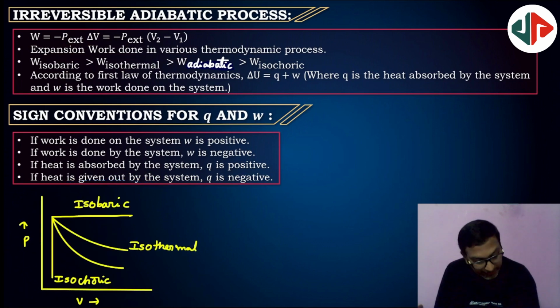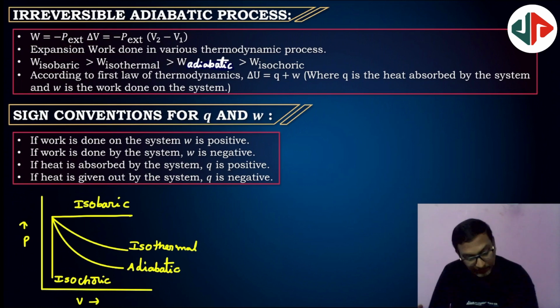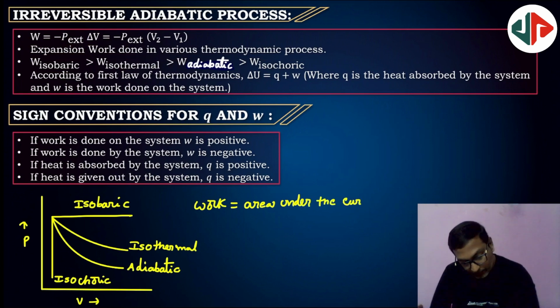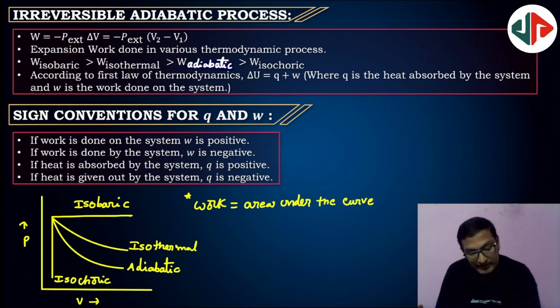Next, adiabatic. Now check here, area under the curve is maximum for isobaric. Work done is maximum. Here work done equals the area under the curve, or area under the graph. Next, area under the graph is maximum for isothermal. Next, adiabatic. Next, isochoric.